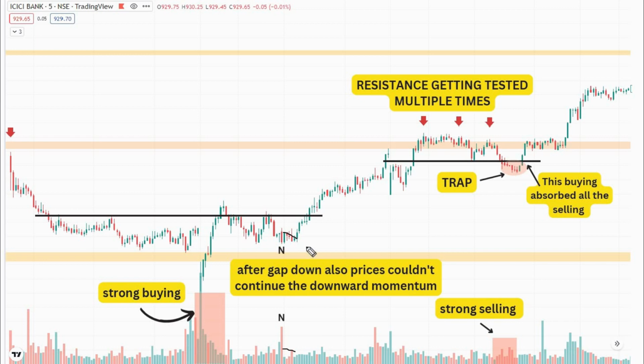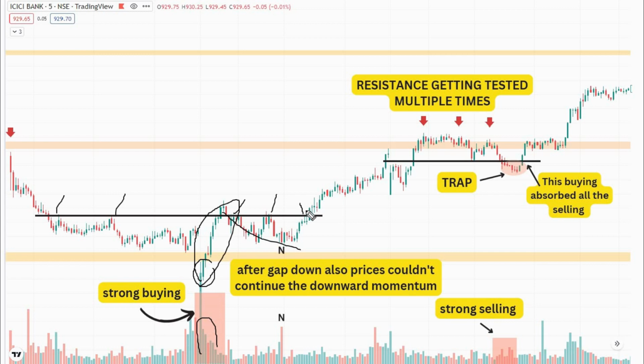Okay, now what happened? This resistance is getting tested multiple times, once, twice, thrice, 4, and now fifth attempt. And remember, there is a fake breakdown also. We are witnessing a fake breakdown and huge volume surge, strong buying pressure, weak selling pressure, and multiple time resistance is getting tested.